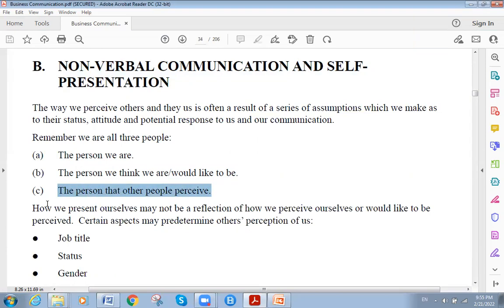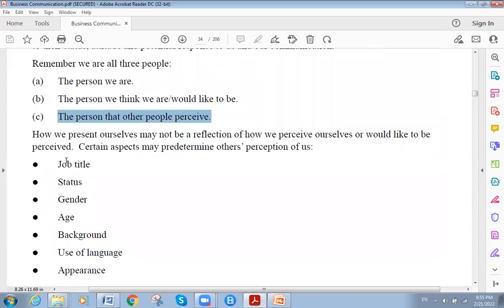So it's me as I think I am, and it's me as the people will see me. Those are the three things.